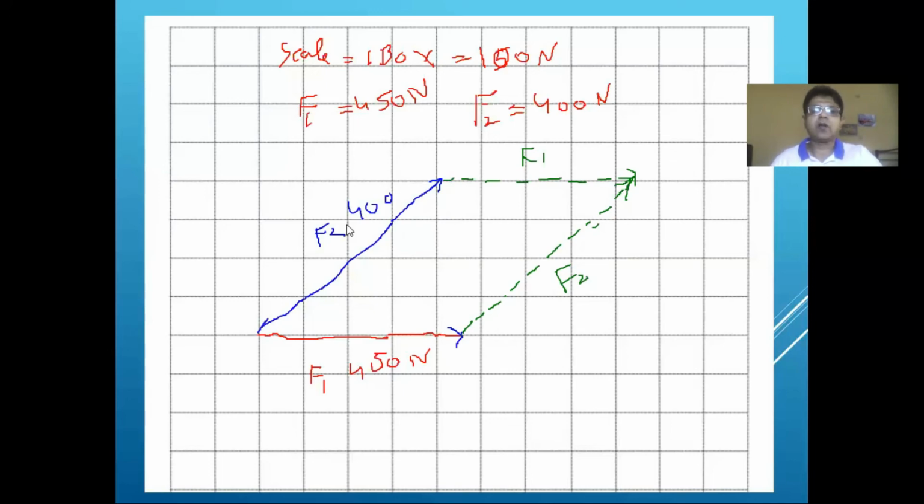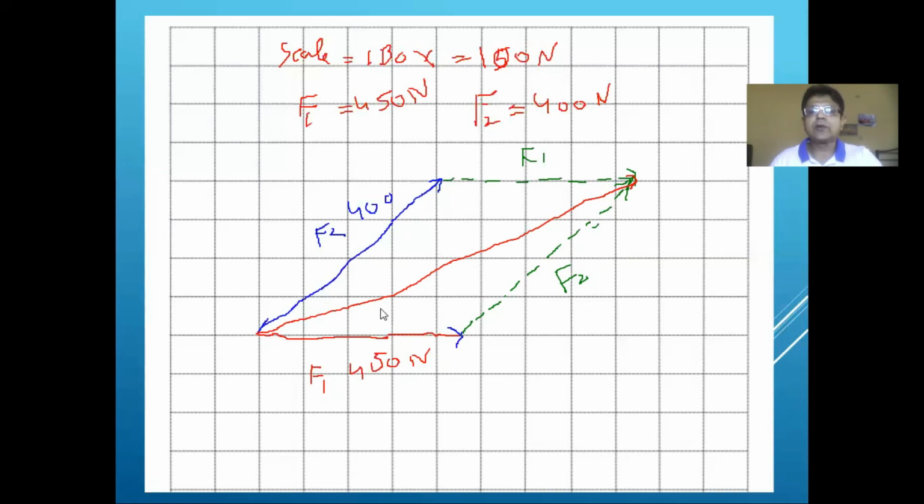Now I will make a diagonal. I will take a diagonal from the starting point. This makes a diagonal. So we will use the parallelogram rule, and the length of this diagonal will give us the resultant vector.